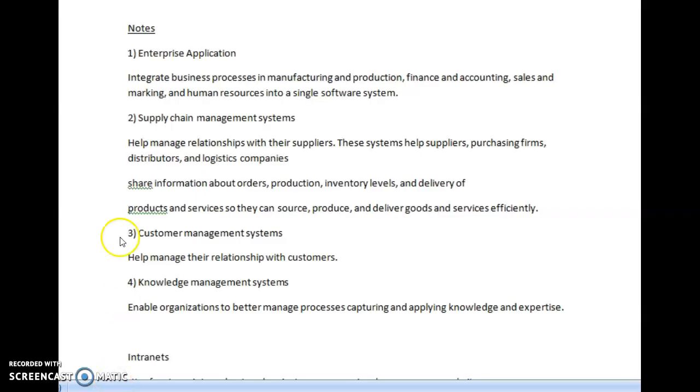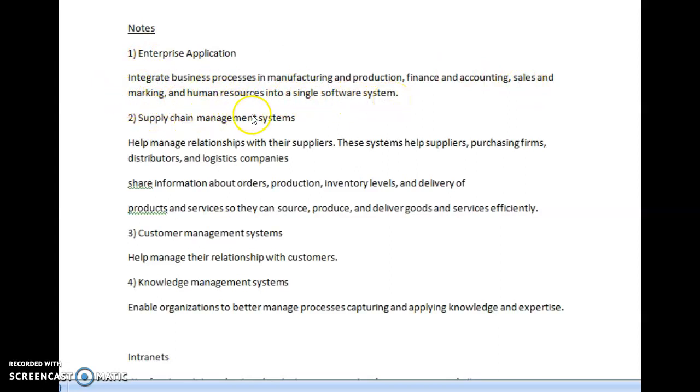Okay, these are some notes on systems for linking the enterprise that I just explained in the mind map. This is a more detailed explanation. Enterprise applications integrate business processes in manufacturing and production, finance and accounting, sales and marketing, and human resources into a single software system.